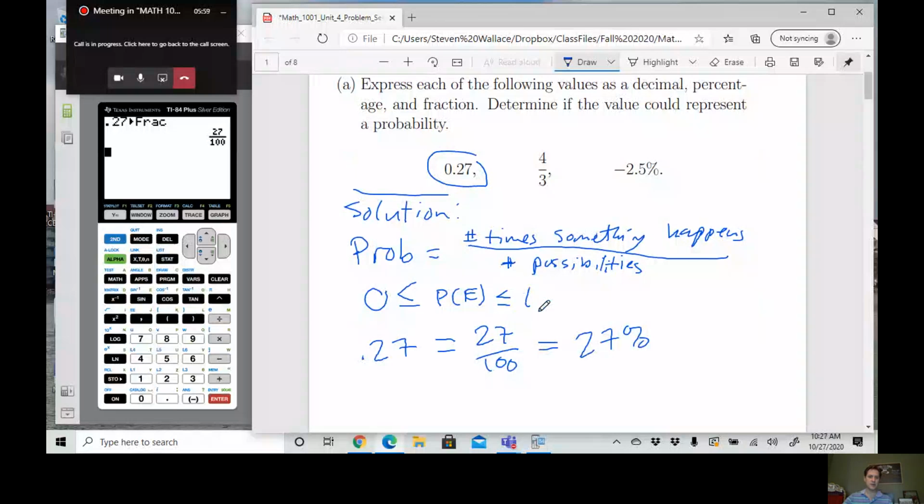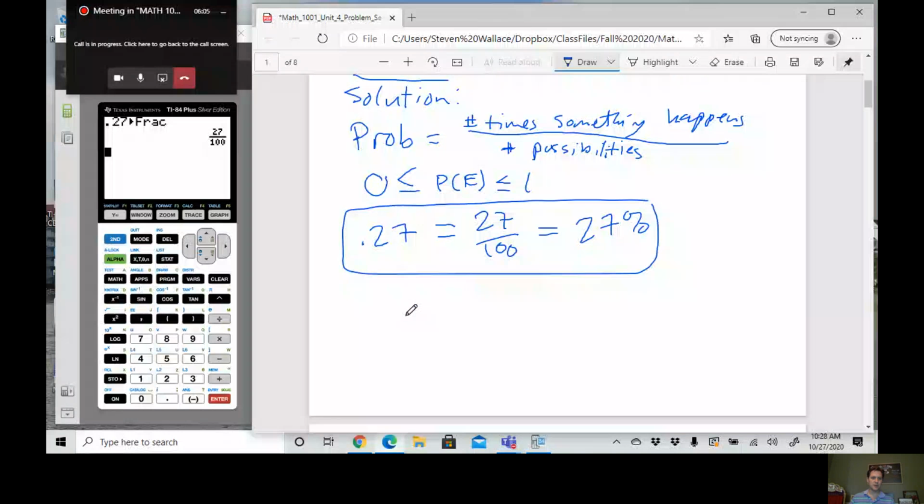The next one is 4/3, right? Well, 4/3, if we type that into our calculator, would come out to be 1 1/3, or 1.3 repeating as a decimal, which would be 133.3 repeating percent, okay.